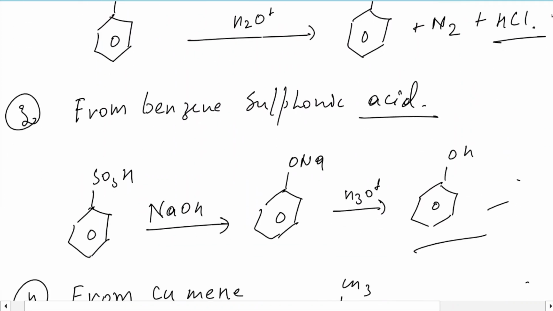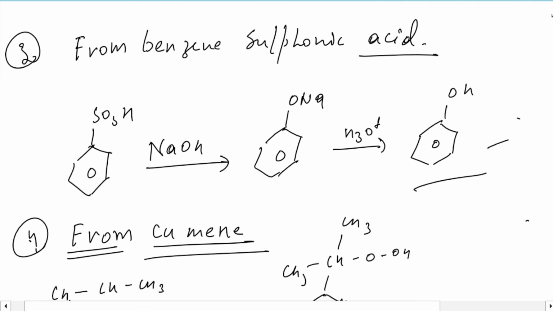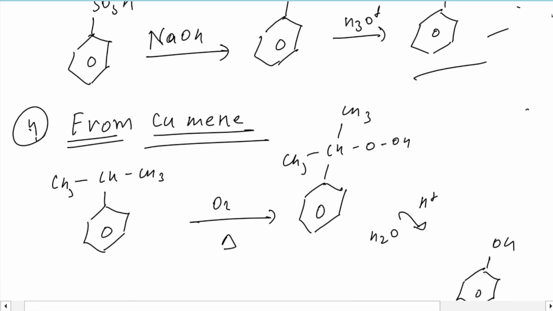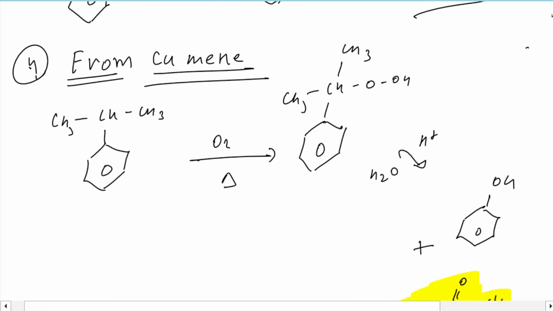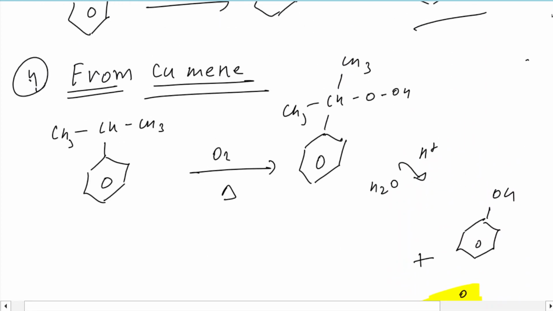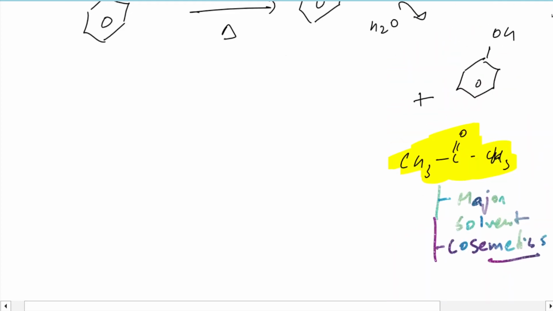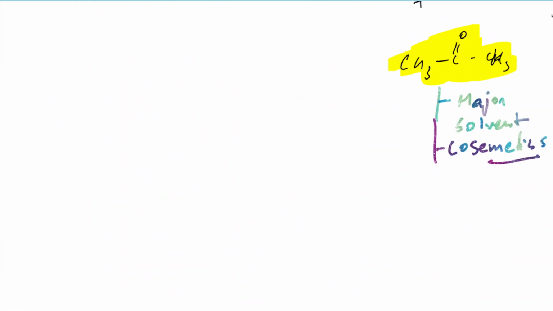In the third reaction, again we hydrolyzed sodium phenoxide, which was prepared from sulfonic acid reacted with NaOH. And next, we hydrolyzed peroxycumene, which again yields phenol plus acetone. So these are the four reactions for preparing phenol.